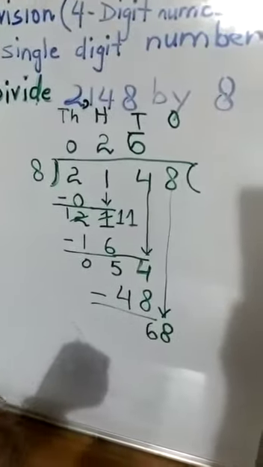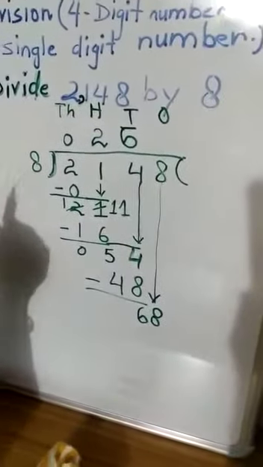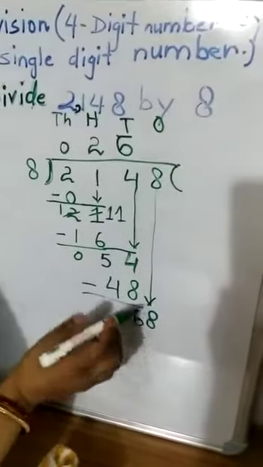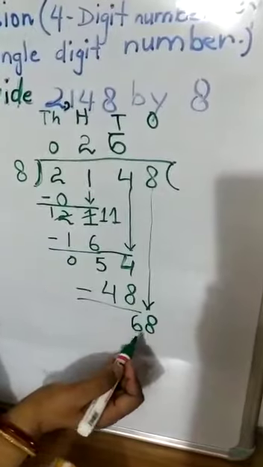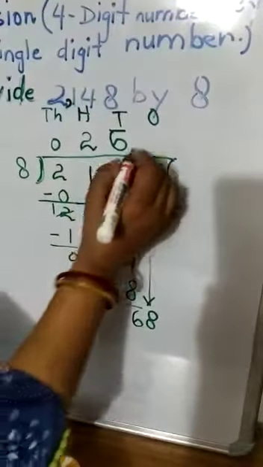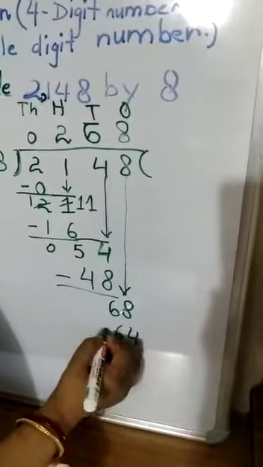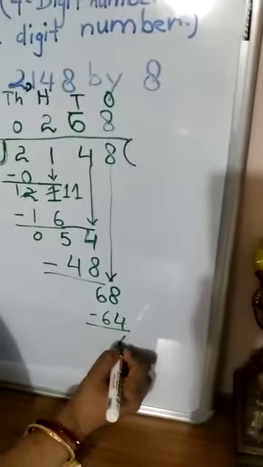Next I will put down this 8 ones along with 6. It will become 68 ones. Now I will start the table. 8 8s are 64. 8 9s are 72. 72 is more than 68, so it is not possible. So I will take 8 8s are 64. So I will subtract 68 minus 64 is 4.